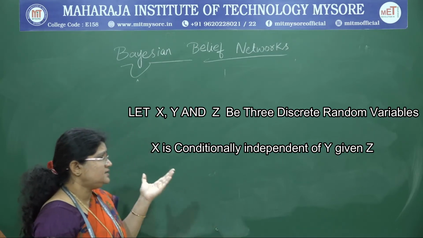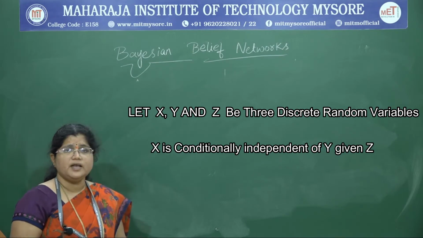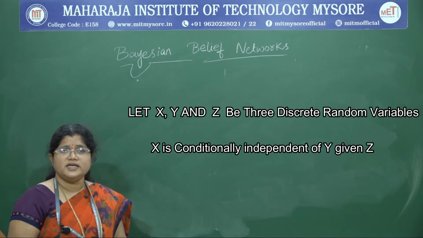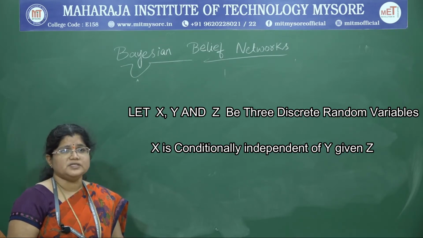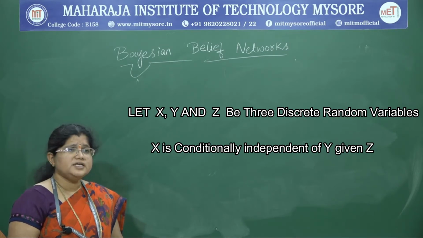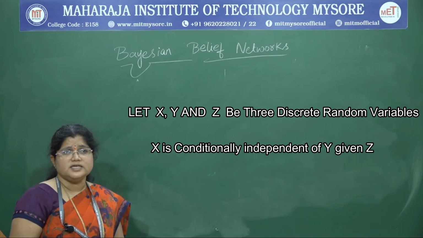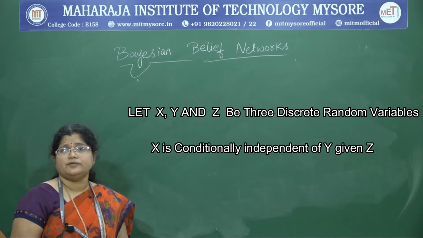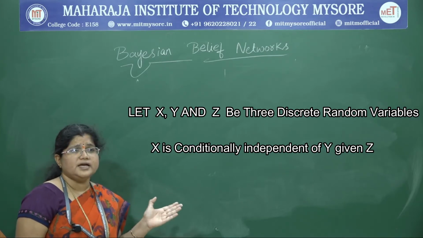Let us consider three variables. Let x, y and z be discrete valued random variables. X is conditionally independent of y given z if the probability distribution governing x is independent of the value of y, given a value for z.